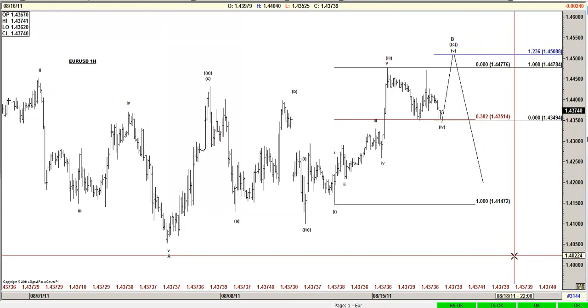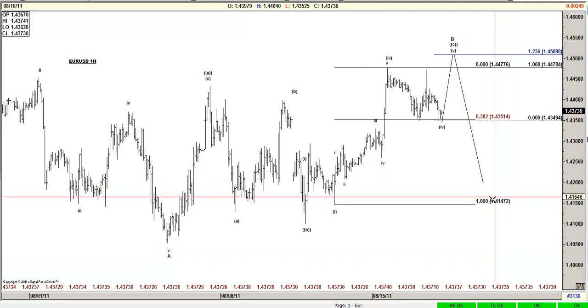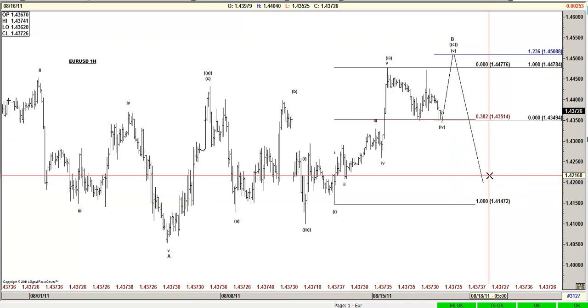But I don't know if that count is going to happen or the triangle is the one that is going to be in place. Either way, we believe that the euro needs to start buying around 142, depending on the declining structure.